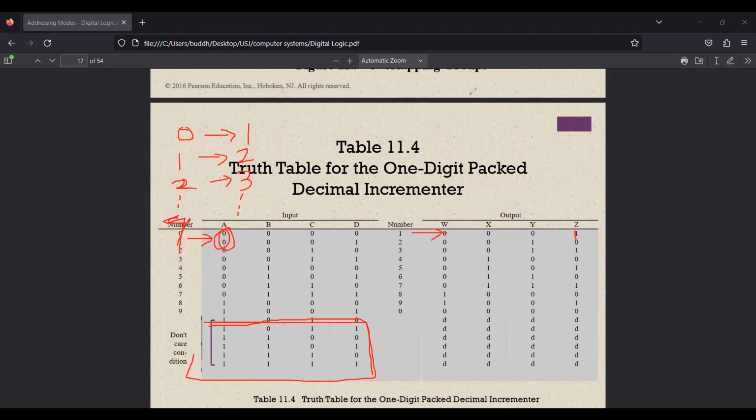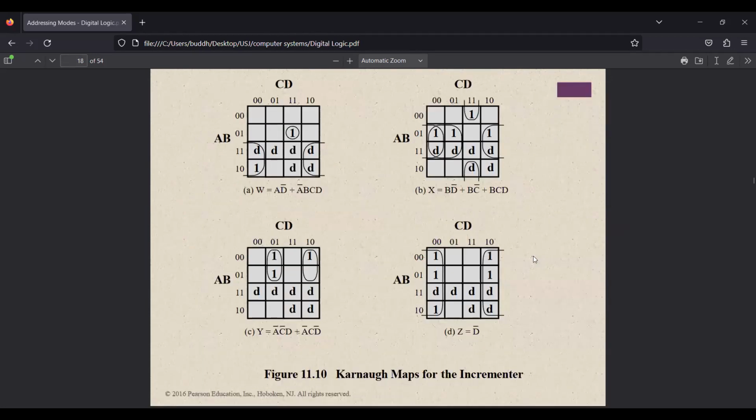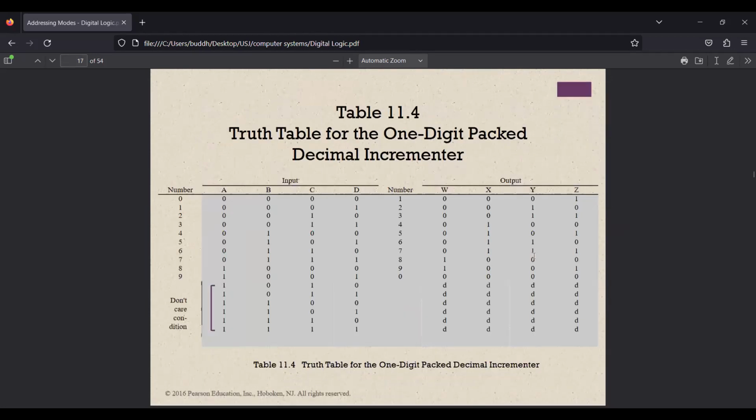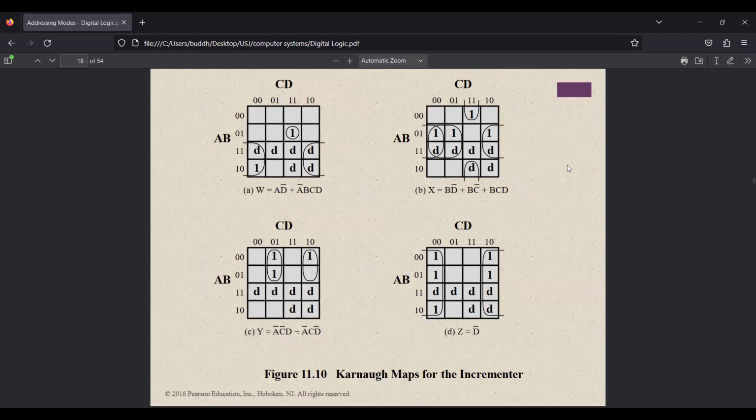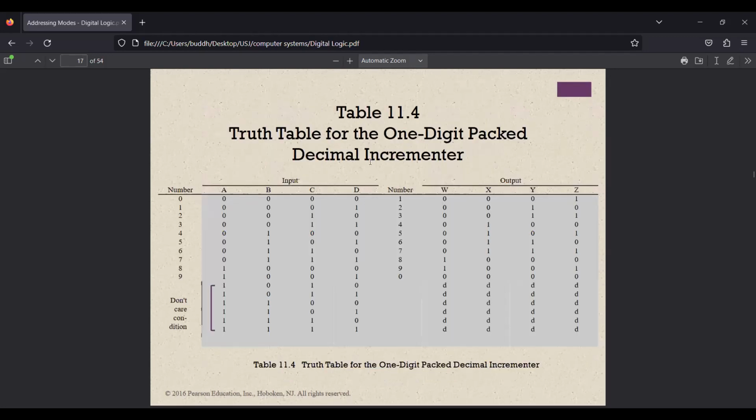Then what you can do is simply draw the truth logic circuit, draw the Karnaugh map, or even draw the circuit as well. You can simply draw the Karnaugh map and simplify this expression.